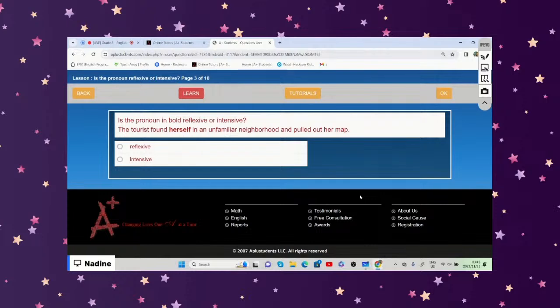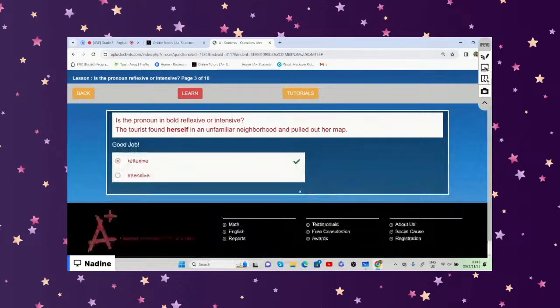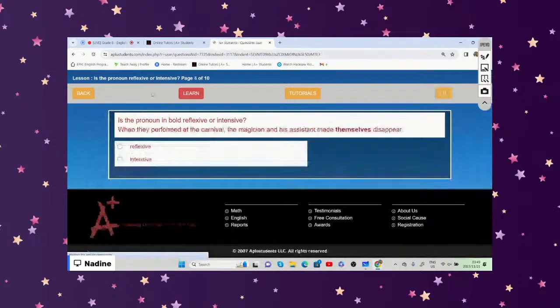So we can say that the tourist found herself in an unfamiliar neighborhood and pulled out a map. All right, because herself refers to the tourist, right? And that is a reflexive pronoun.